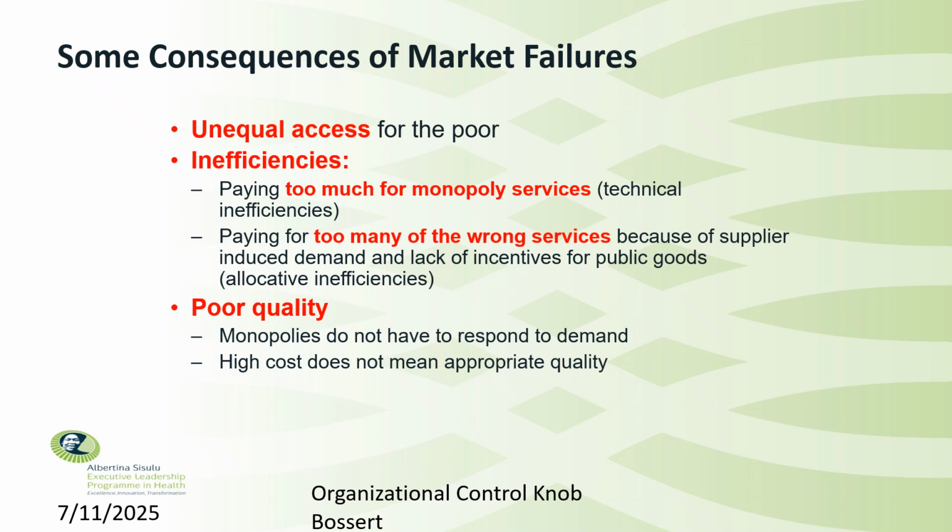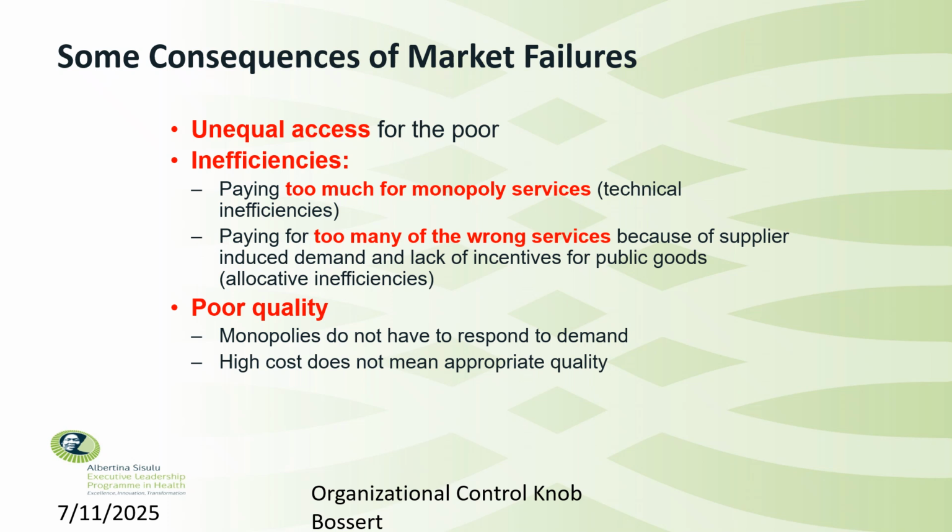Remember when I was speaking about the intermediate health objectives and I spoke about technical inefficiencies. If you are allocating a particular resource to a particular service, but you're spending too much on it, it becomes a technical inefficiency.